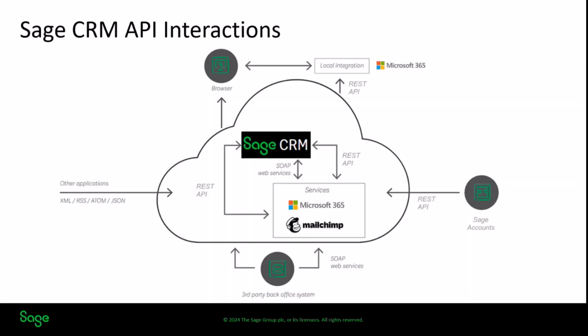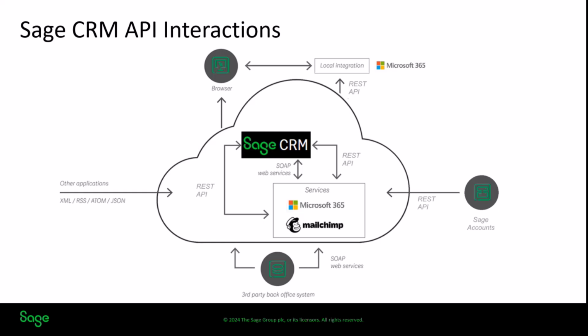Let's put the whole of the API into context of Sage CRM and its interactions with other web-based applications. We use the REST API internally for a lot of our own interactions, calling back for some of the AJAX functions that we have outside Sage CRM, and we also use it for some of the interactions with external applications as well.